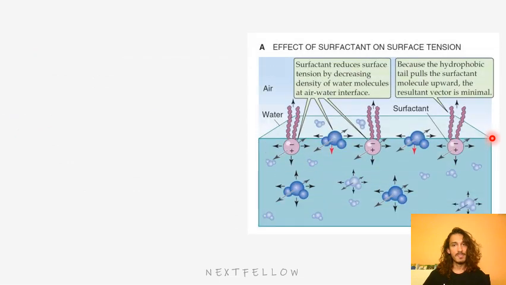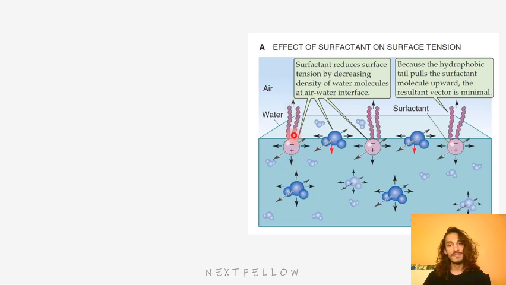Now, if you put your phospholipid structure, that is your surfactant, you'll understand that it's no longer going to be as high as before. That vector that you had seen, which is pulling it inside, will reduce and ultimately reduce the surface tension, because this molecule has a hydrophilic part which is attached to the water and a hydrophobic part which is outside in the air.